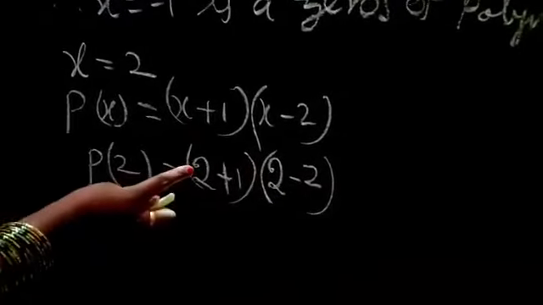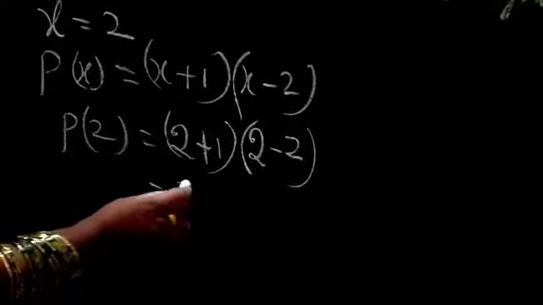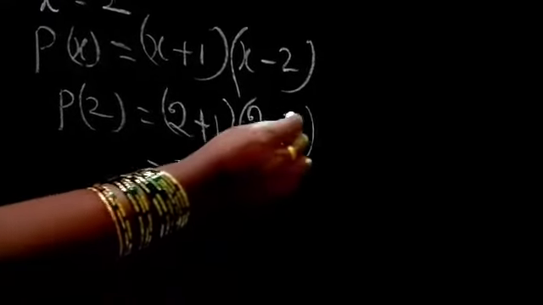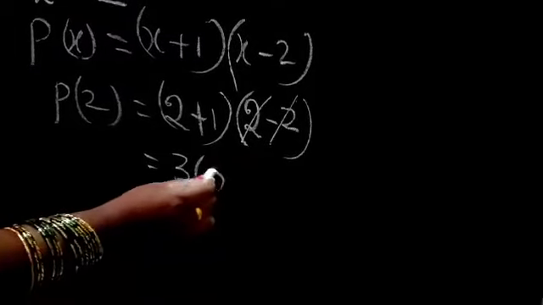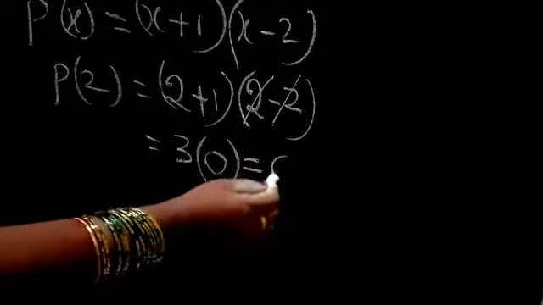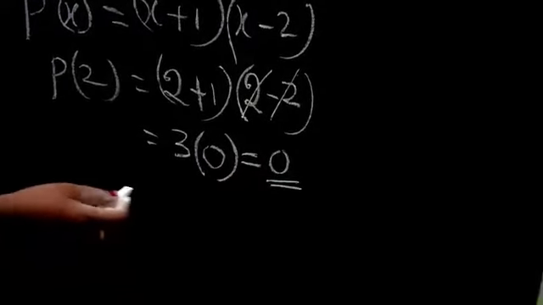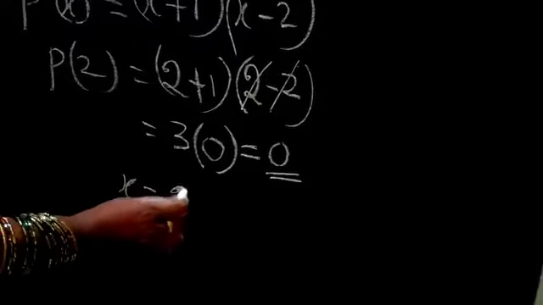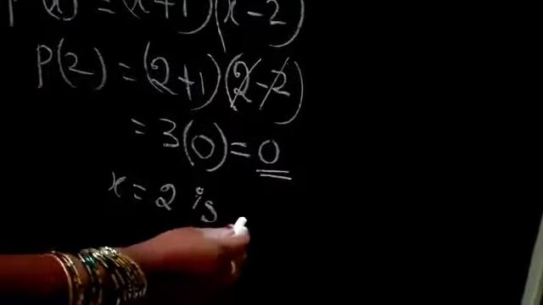In x place I applied only 2. So here 2 plus 1 is 3 into positive 2, negative 2 will get cancelled, then we will get 0. 0 into any number will get 0. So this value also is 0. Therefore x equal to 2 is a zeros of polynomial.